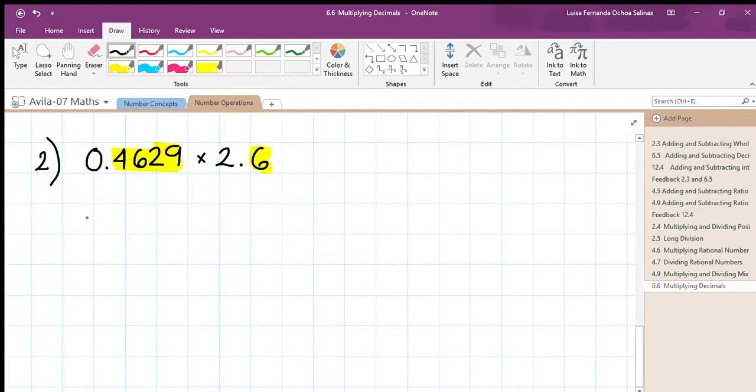So let's do the multiplication. And girls, I'm not doing the whole multiplication here because we have covered this in other videos. Oh my goodness me, 2 things that I did wrong here. I don't have to write this, and the 26 has to be aligned here. Perfect. So I'm not doing the whole multiplication here because we have covered that in other videos. So I'm just going to write the answers.